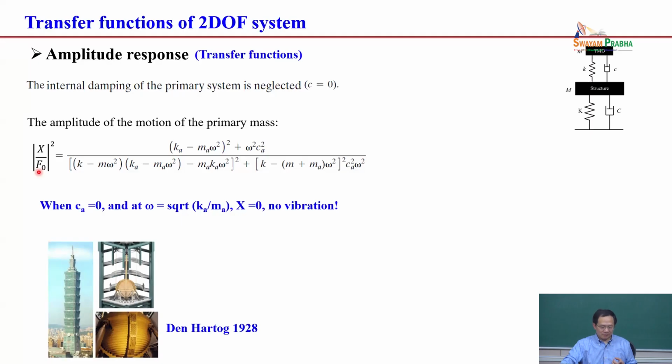When it first came up, it was patented in 1911. At that time, Den Hartog and his co-author wrote a paper on how to tune the system. Such a system has been used for different structures, like Taipei 101. There are 660 tons of mass there, used to reduce the vibration of the building.